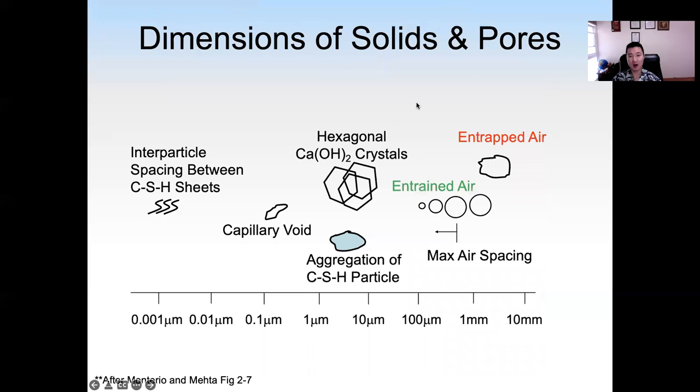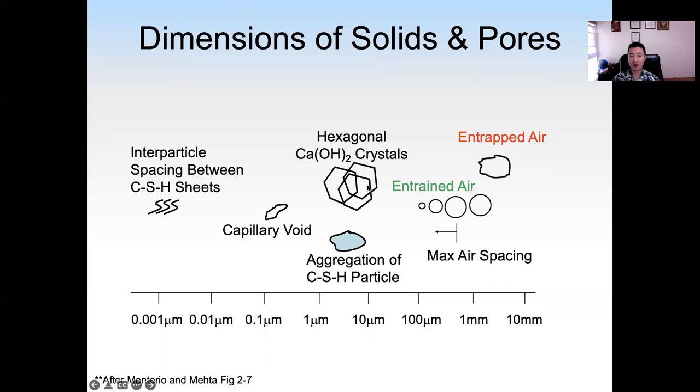All right, so far we have talked about many different types of hydration products and different types of voids, and here we summarize their sizes. From the interparticle space between CSH sheets, which is at the nanometer level, capillary voids are in the tens of nanometers or micrometer level.